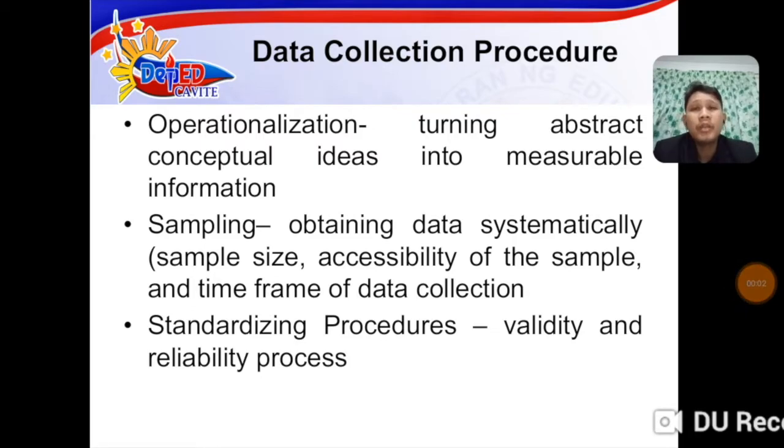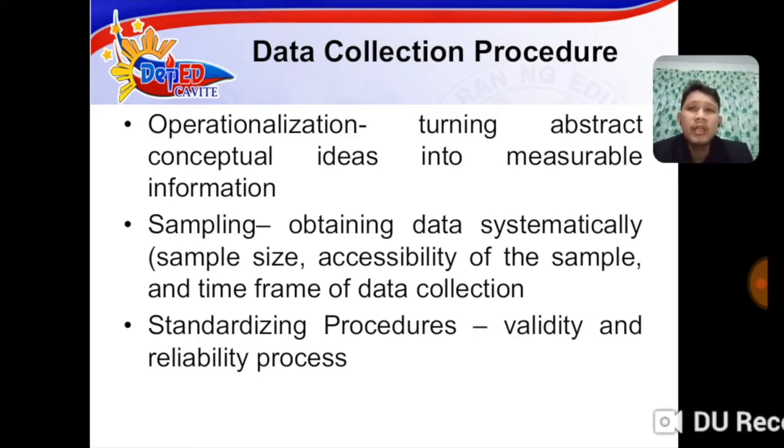Questionnaire as part of the survey method or descriptive research design, there are stages to be followed. And these are operationalization, turning abstract conceptual ideas into measurable information such as scaling. Next is sampling.